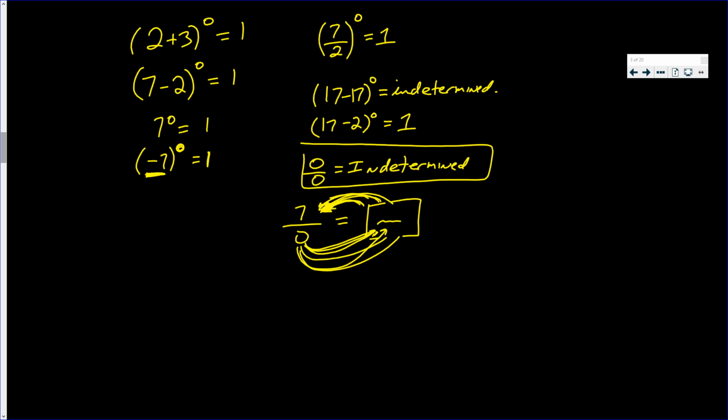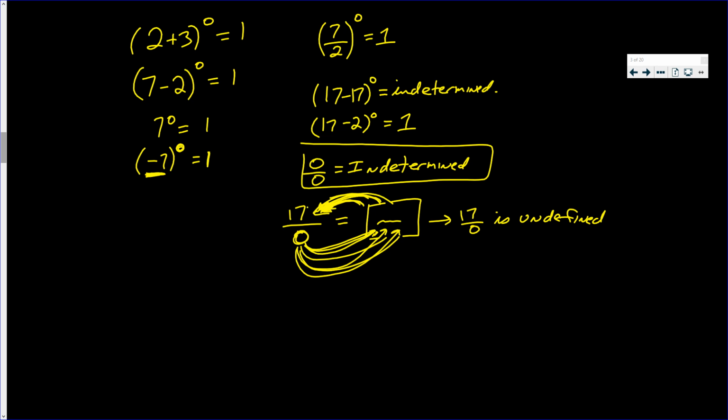It's not 7. This tells me that 7 over 0 is undefined. And if I had 17, it'll still be undefined, because 0 times no number will ever give me back 17.